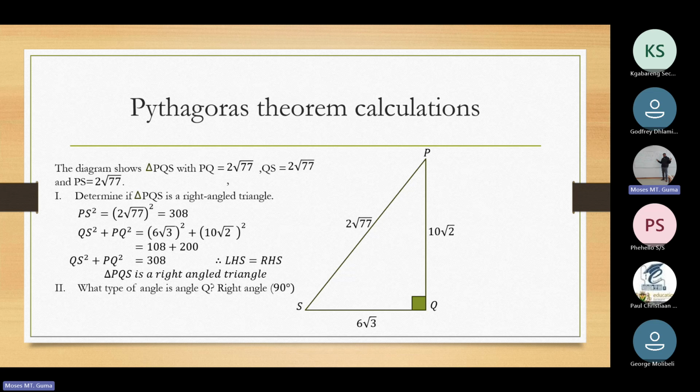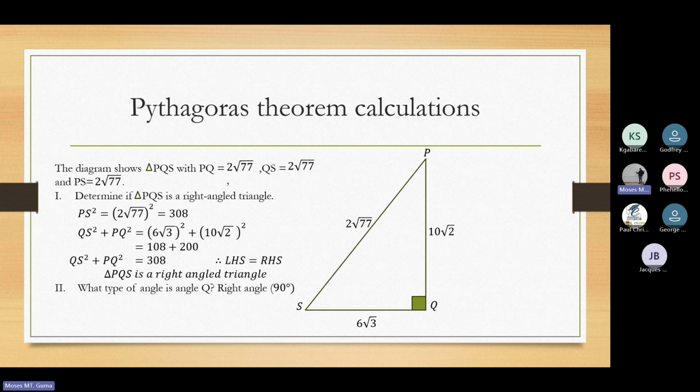Now, for it to be a right-angled triangle, the square of this side must be equal to the sum of the squares of those other two sides. Let us determine that. First of all, PS squared, which is that side, is equal to 2 root 77 all squared.